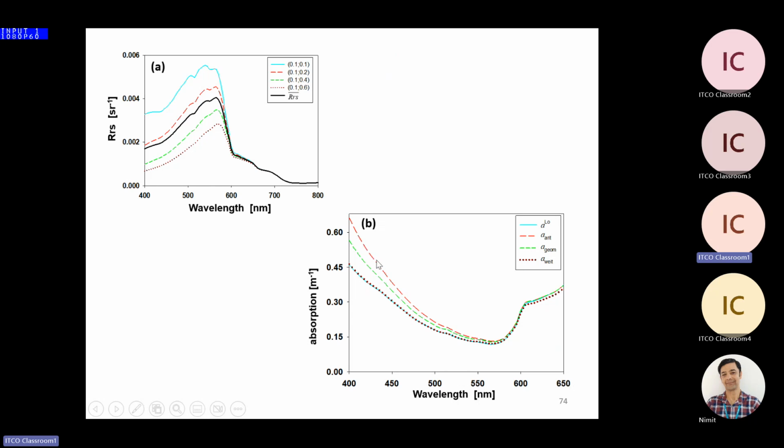This red is simply the arithmetic mean of the absorption from these 4 curves. Now you can see this red is significantly higher than the low resolution retrieved values. As I mentioned, that's because this remote sensor sees more contribution from this cyan color and less contribution from this red. So it's a weighted average.